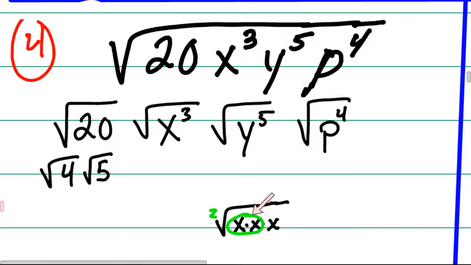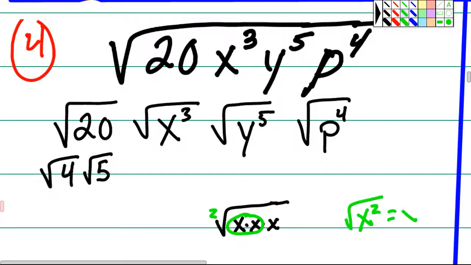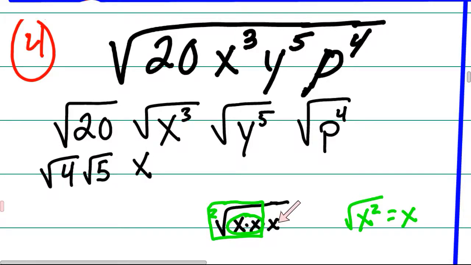But these guys, since they were a group of 2, I'm able to take those out now. Because we know that the square root of x squared is just x. And that's what we have here. The square root of x squared. So an x is going to come out there. And then you have this guy stuck inside.